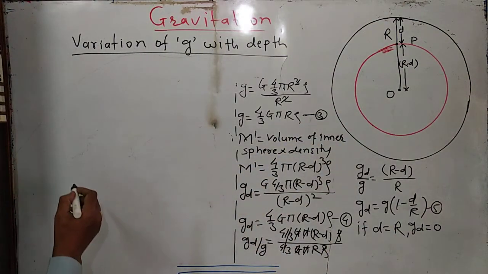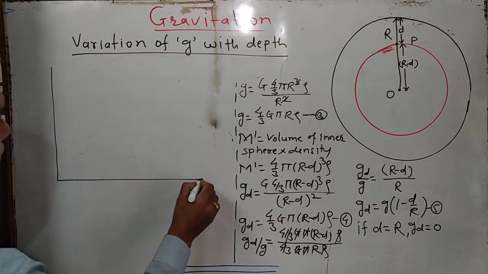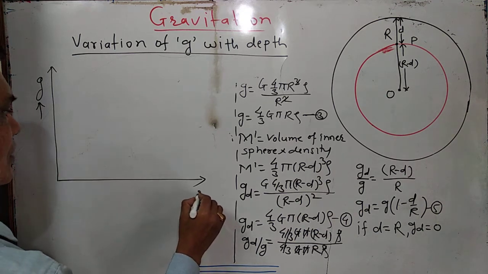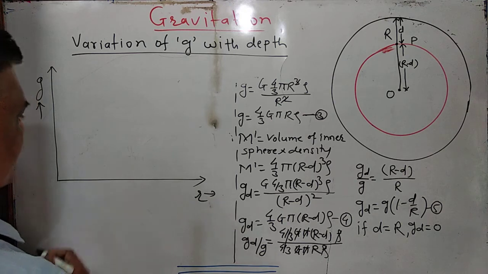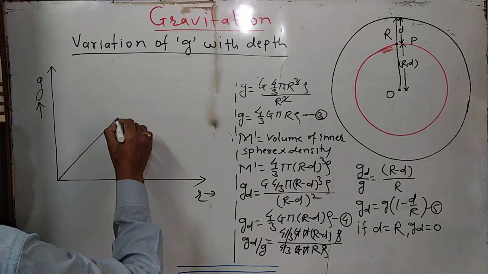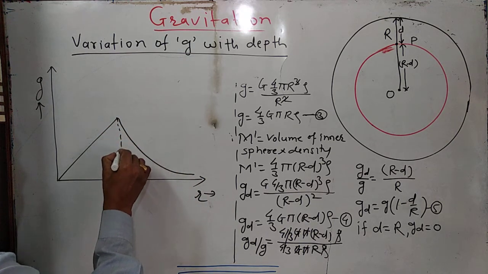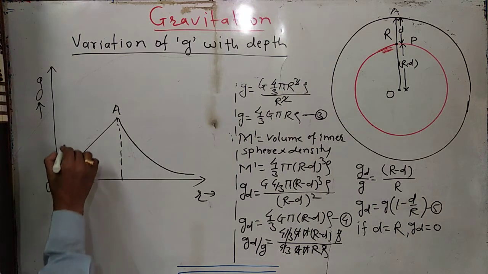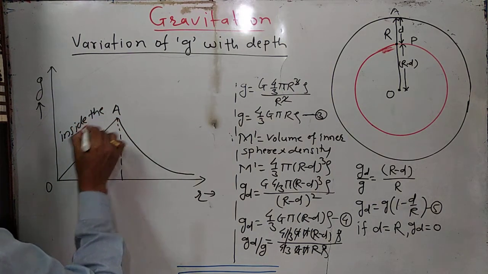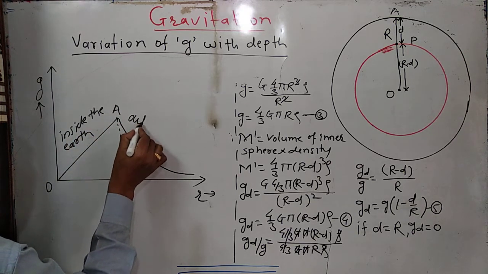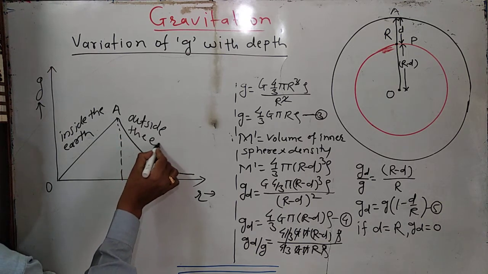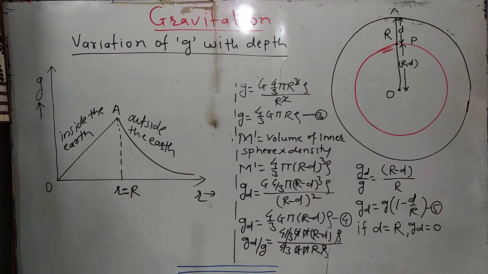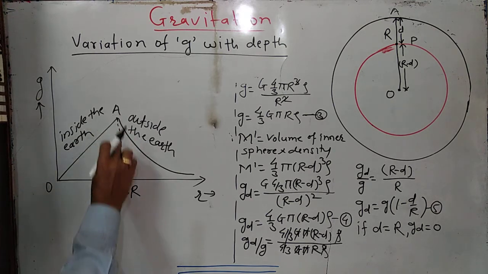So if we plot a graph of acceleration due to gravity versus the distance r, suppose this is point A, and this is O, the center, inside the Earth, outside the Earth, and this is equal to R.